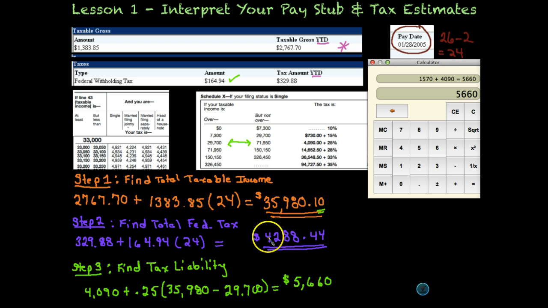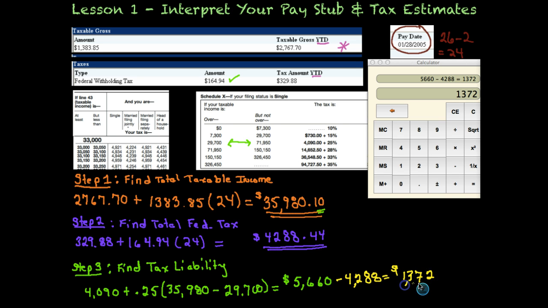Well, that's definitely more than the projected amount that he will have withheld, but how much more? So let's go ahead and subtract the amount that's projected to be withheld. And again, I'm going to just round and take off the 44 cents, minus 4,288, and I get 1,372.